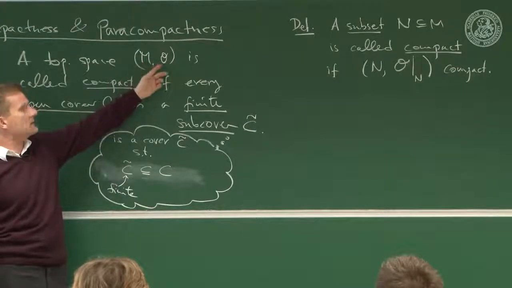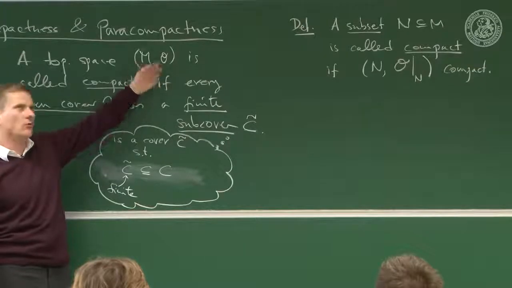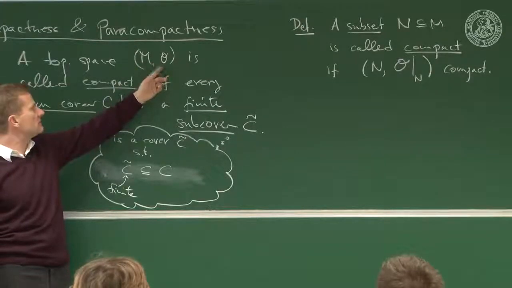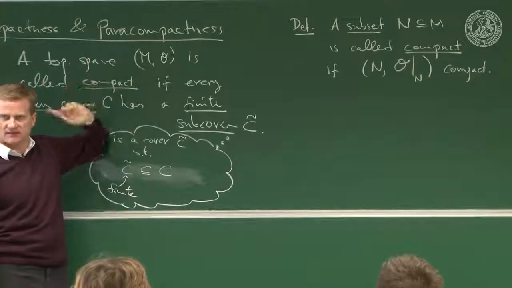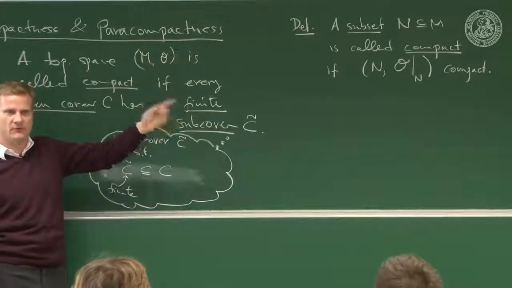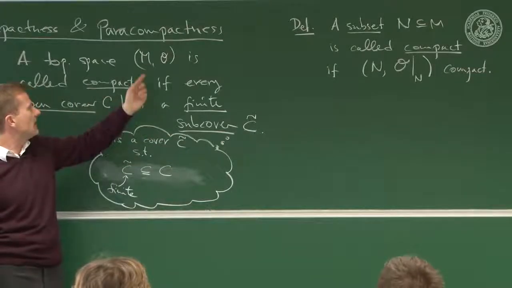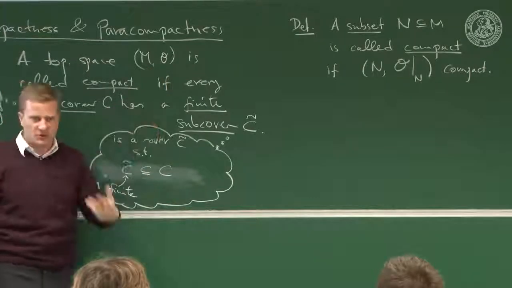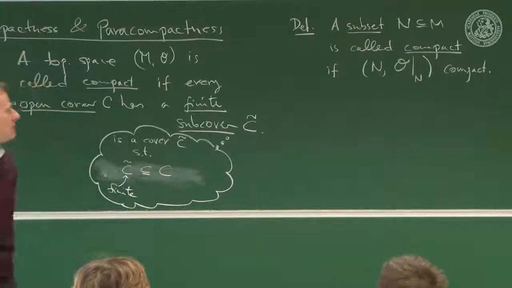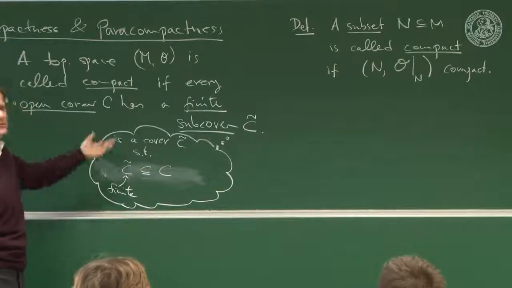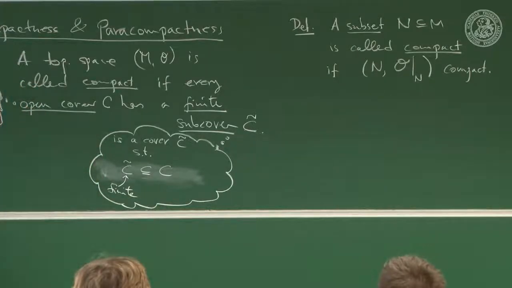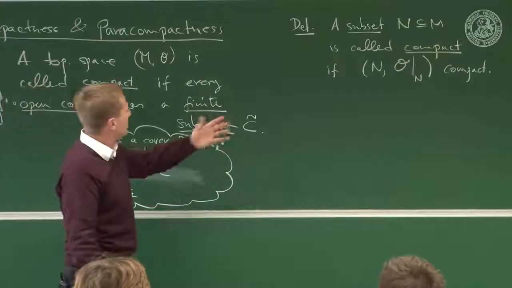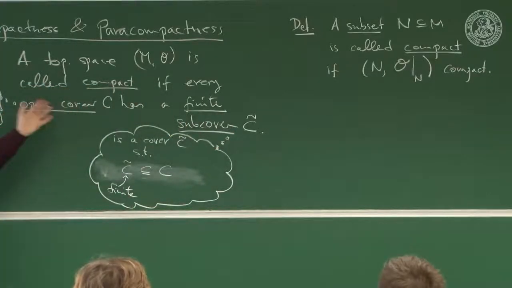So if M is a topological space and M prime is also a topological space, and they're homeomorphic, so there exists a homeomorphism between them, an invertible map which in both directions is continuous, then if one of the spaces is compact, the other space is compact too. Very often you check compactness or any topological property by finding an appropriate homeomorphism to a space of which you know the property. Anyway, this makes it very explicit that it's a topological property. It sometimes makes it hard to prove.